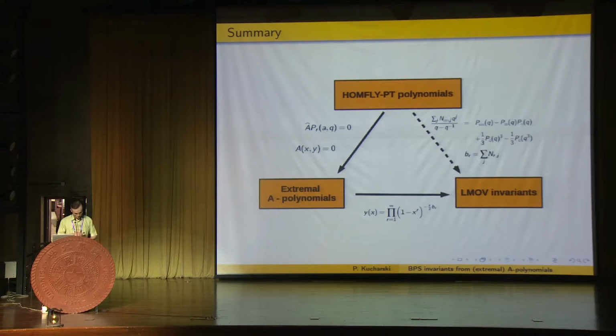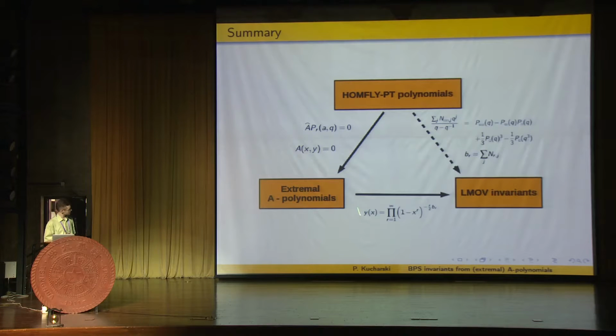Summing up, LMOV invariants, which count BPS states, are expressed by HOMFLY-PT polynomials, which we can see in the old example. However, for symmetric representations and minimal or maximal powers of A, we can use quantum and classical A polynomials.